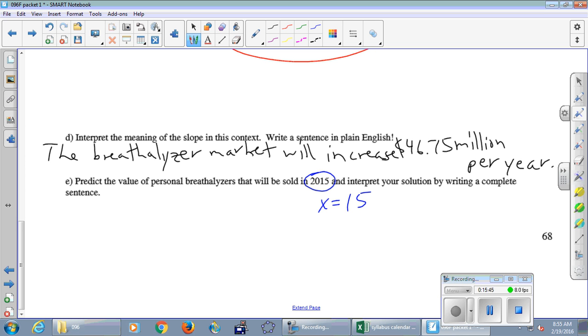Okay, so y equals, what did we have? I'm just going to copy our equation. 46.75x minus, what was it? 228? 205.75. Thank you. So just copying our equation, but now we're changing the x to 15. That's it.